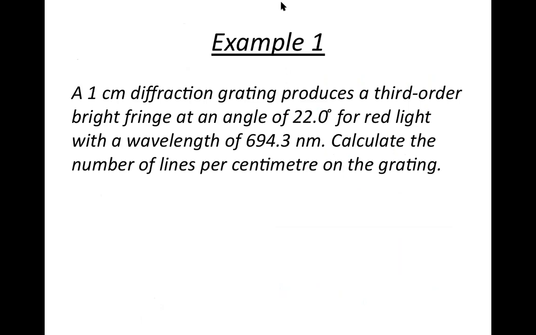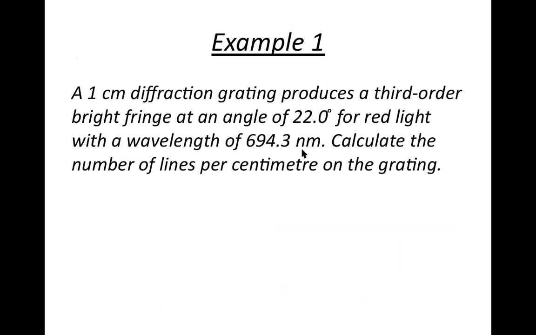Okay, our last example. We've got a 1 centimeter diffraction grating producing a third order bright fringe at 22 degrees from the center for red light with a wavelength of 694.3 nanometers. Calculate the number of lines per centimeter on the grating.